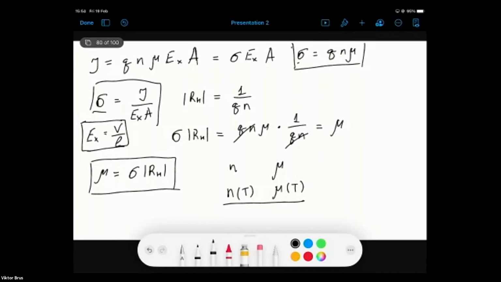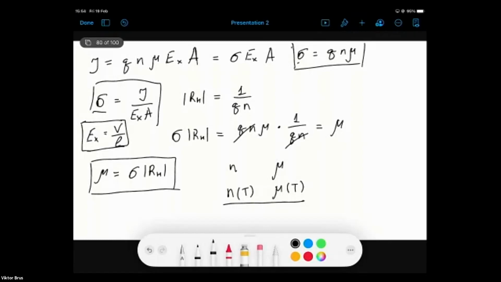However, at the end, I would like to highlight another feature which should be kept in mind, that all this discussion was valid for so-called unipolar conductivity, when either we have only electrons, like in metals, or only majority charge carriers, electrons or holes in semiconductors.